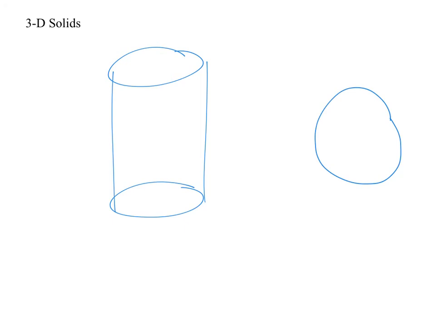So, we want to talk about the volume for any sort of 3D solid. I'm going to use a circle specifically to go over the general rule that we're going to utilize here. If I want to know the volume of a cylinder, think about this.